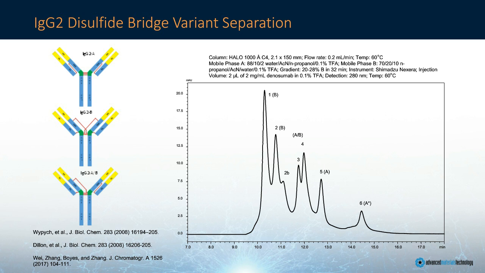In this case, we're looking at an IgG2, where it has been claimed in the literature that disulfide bridge variants are responsible for the variation that we see in this particular separation.